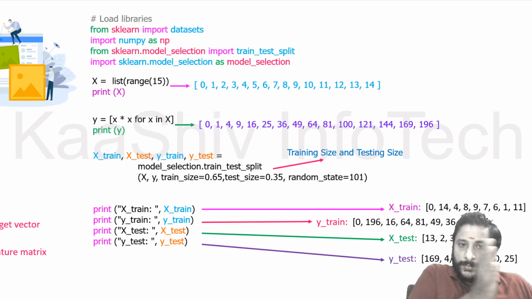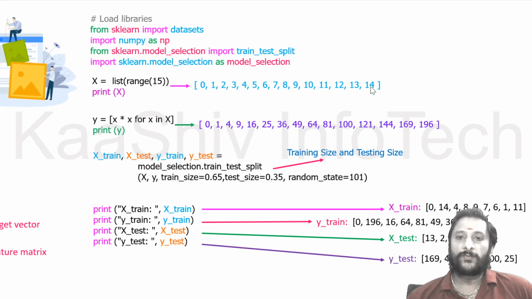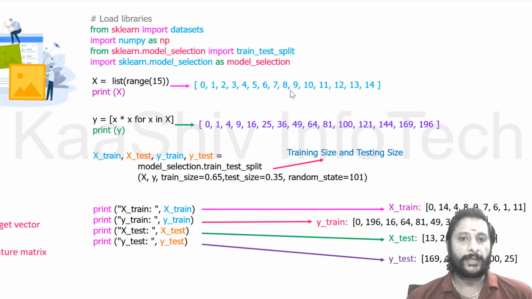Print of x will list down these values. Then I got the y value, which is a multiplication of x: x into x for x in x. So 0, 1 into 1 is 1, 2 into 2 is 4, 3 into 3 is 9, 4 into 4 is 16, 5 into 5 is 25, 6 into 6 is 36, 7 into 7 is 49, 8 into 8 is 64. These are square values. That is your y value. You got an x value and the relevant y value.